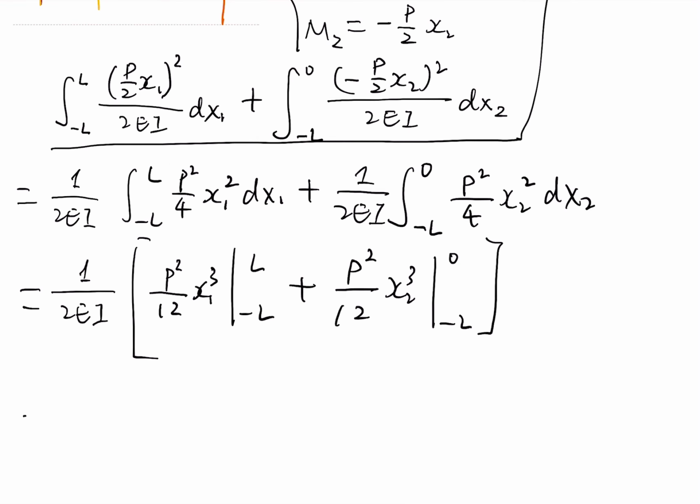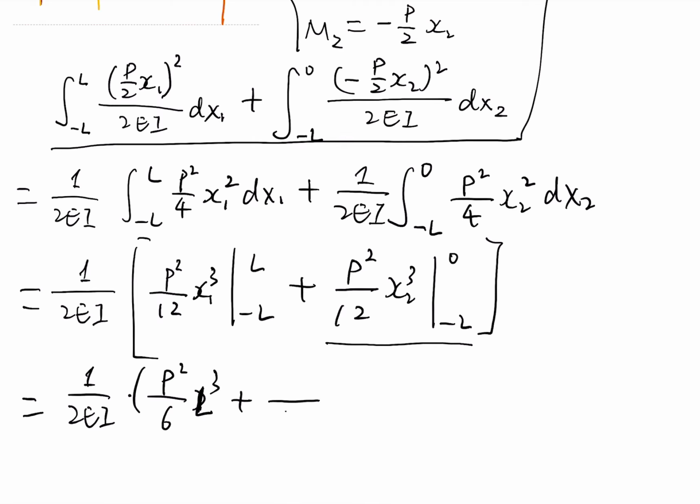Then the result is 1 over 2EI times, this is 1/6 P squared L cubed, and evaluating the other one, we get plus 1/12 P squared L cubed.